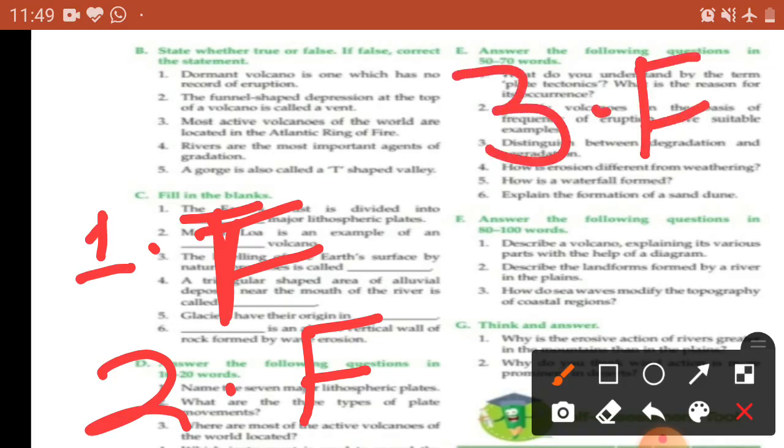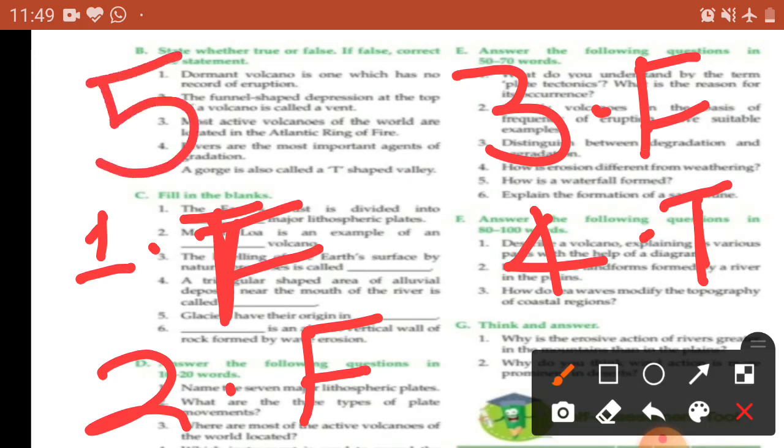Fourth, rivers are the most important agent of gradation, and this statement will be true. Fifth, a gorge is also called a T-shaped valley, and this statement will be false. So our first statement is false, second is false, third is false, fourth is true, and fifth is false.